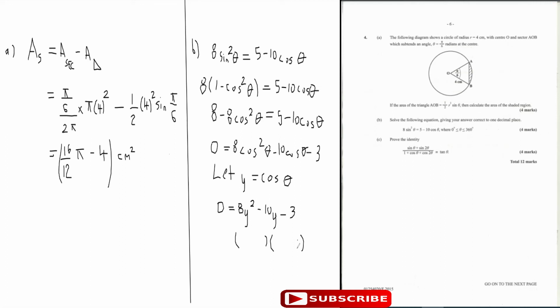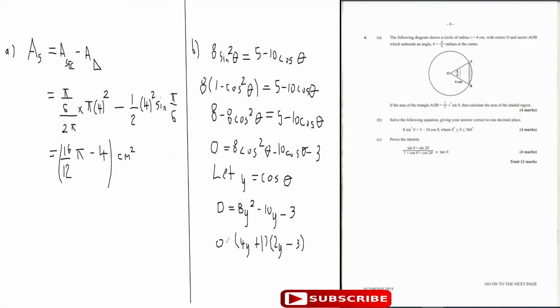It has to be 3 and 1. This looks like 2y and 4y. Signs are different, but the bigger number goes with the negative, so minus and plus.